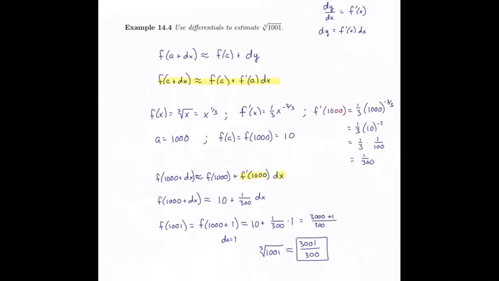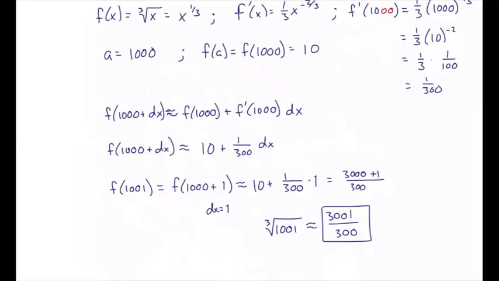Now we have all the numbers that we need already calculated for this. So this comes out to f of 1000 plus dx is 10, it's this value, plus 1/300, that's this value, dx. So now if we want to approximate the cube root of something that happens to be near 1000, well, we can just find the difference, dx, between 1000 and that number.